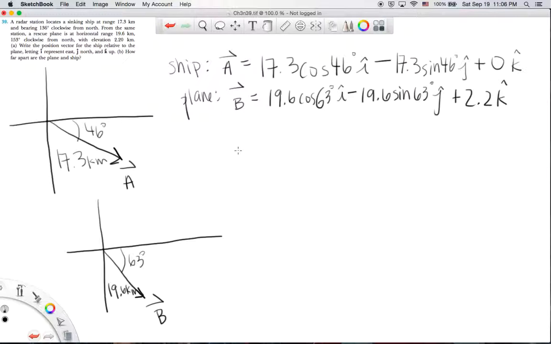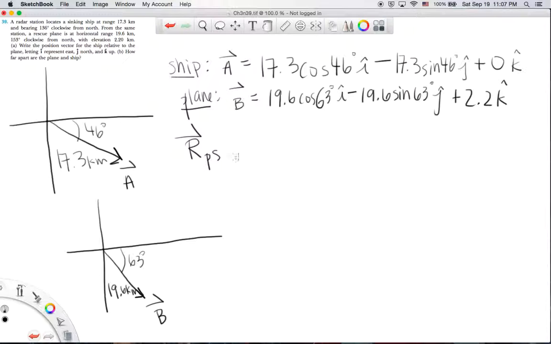So part A wants the position vector of the ship relative to the plane. So it'll be the vector, we'll call it R, from the plane to the ship, because it's in relation to the plane, so the plane is basically the origin.